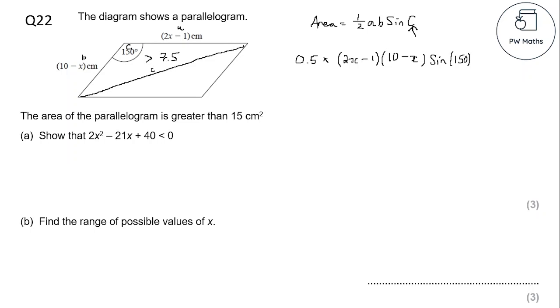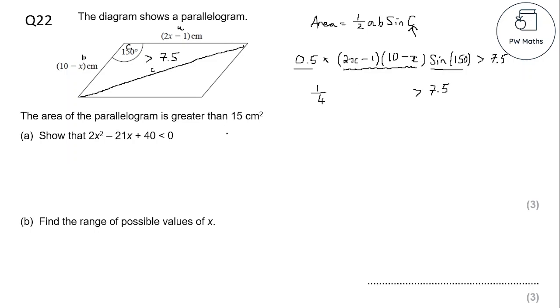And we do know from the question that that's got to be greater than 7.5, half of 15. I would probably next tap into the calculator 0.5 times sine 150. Get that bit sorted out. And the calculator says it's a quarter. So we've got a quarter of this thing must be greater than 7.5.